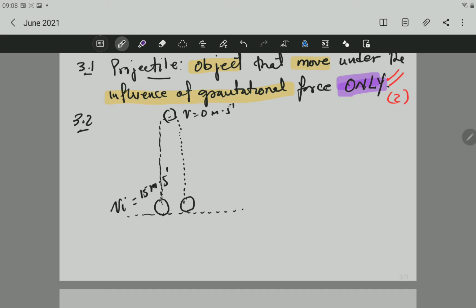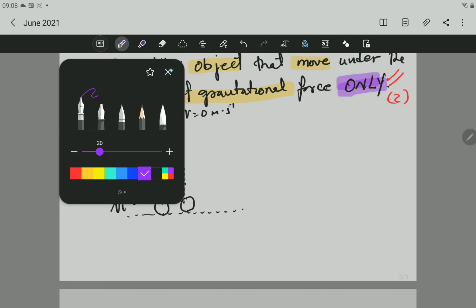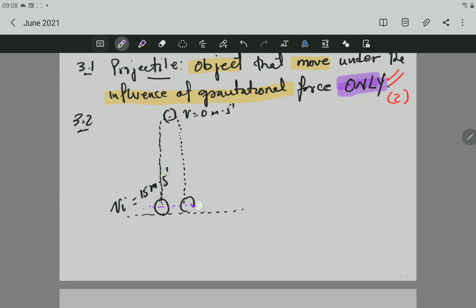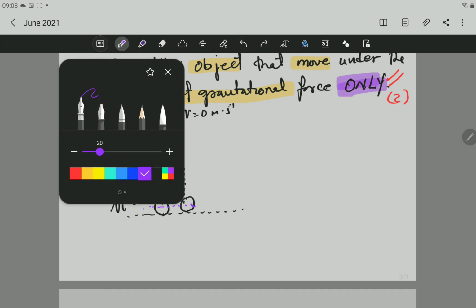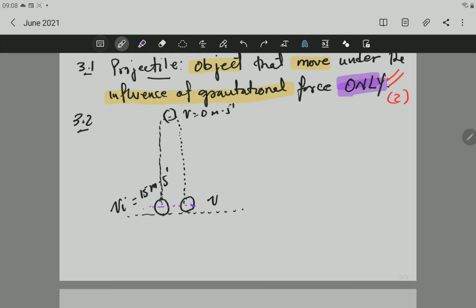For example, if the object is thrown upward with a speed of 15 meters per second, when that object is at the same position, the magnitude of the velocity is going to be the same but in the opposite direction. That means that in this specific position, the velocity of the object is also going to be 15 meters per second, but down. Let's draw an arrow here, so you know this one is going up, this one is going down.